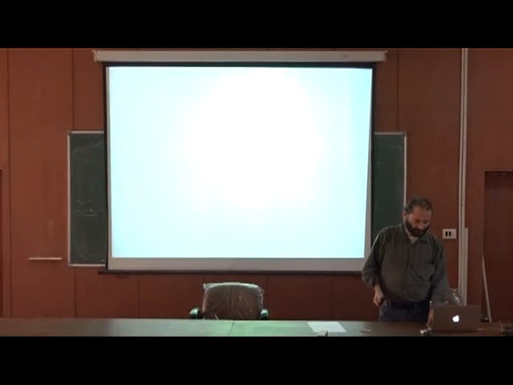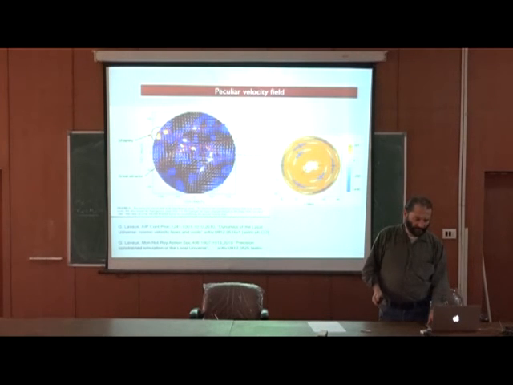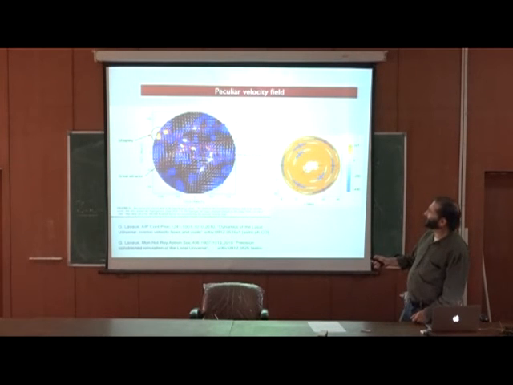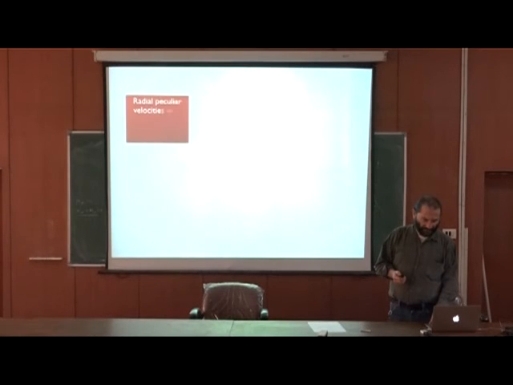And then, peculiar velocity field. This is the regions of high velocity and low velocity. So we can also reproduce velocity fields in a coarse-grained manner. And then finally, peculiar velocities with respect to the center of the void.